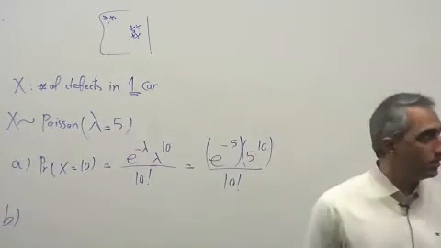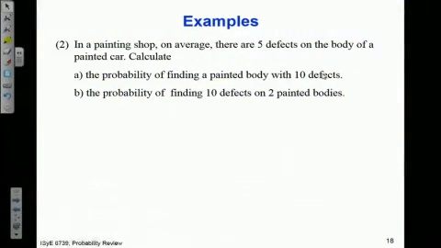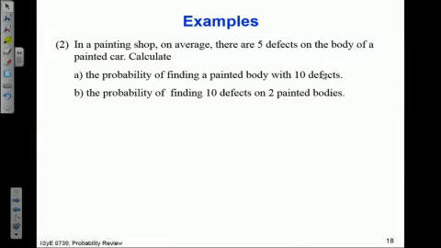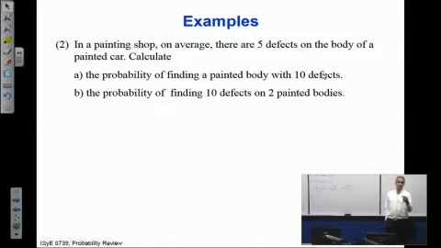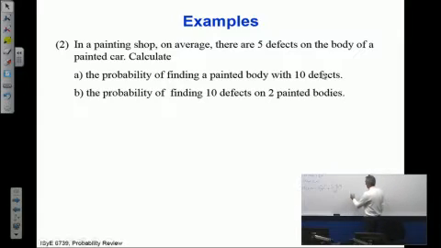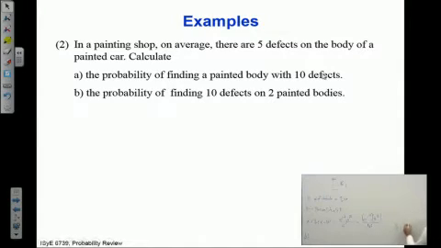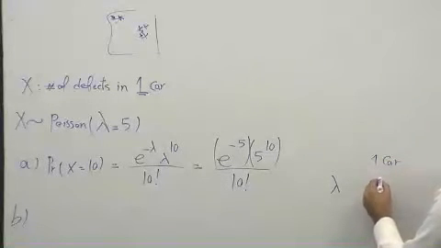How about part B? For part B, it says the probability of finding 10 defects on 2 painted bodies. So what happens here? The same question, the only thing that changes is the unit. So we need to change lambda and find the lambda for the new unit. And it's very simple. We know that lambda for one car is 5.